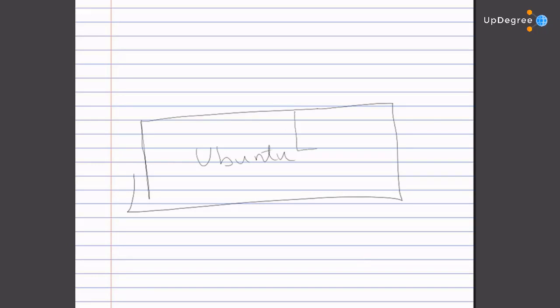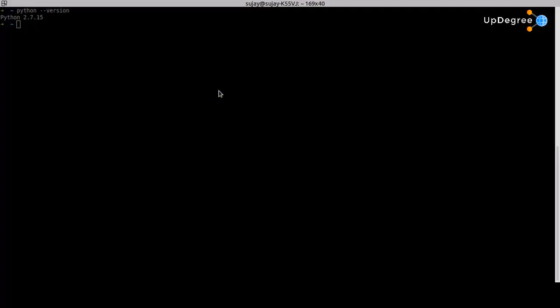This is the system Python that we get to see in the terminal when we do python --version. If we go to our terminal and do python --version, it shows that it's Python 2.7.15. So Python 2.7.15 is the system version, which is this.